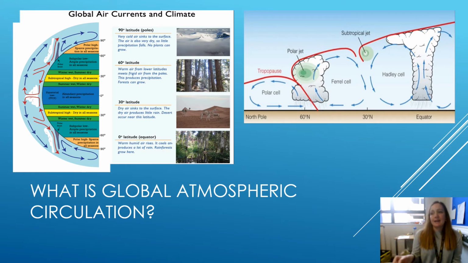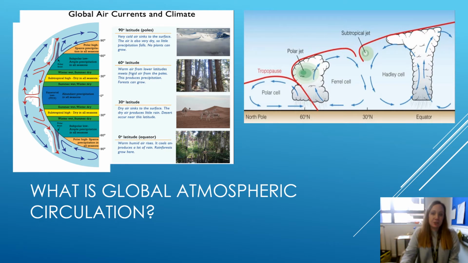The Hadley cell is the one at the equator, the Ferrel cell is the one between 30 and 60 degrees north or south, and the polar cell is the one between 60 and 90 degrees north or south. Hopefully that explains it and recaps it a little bit for you, but there are some other resources you can search up if you're still unsure.